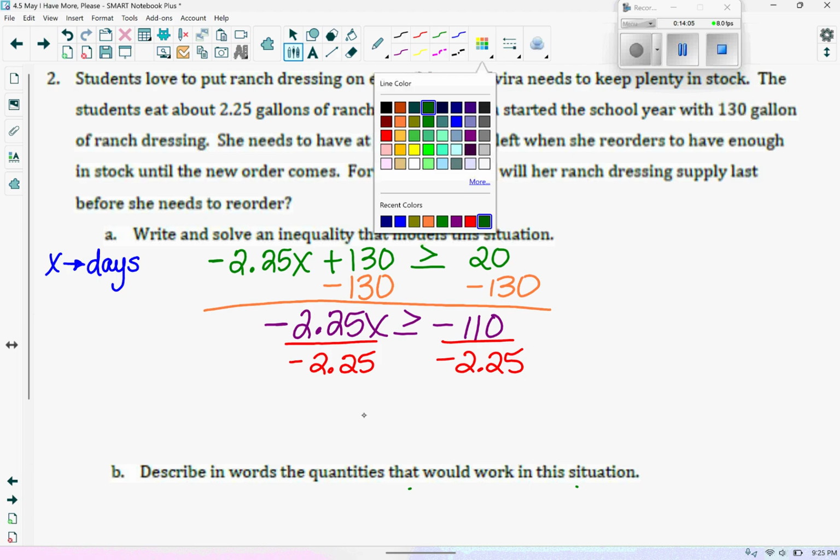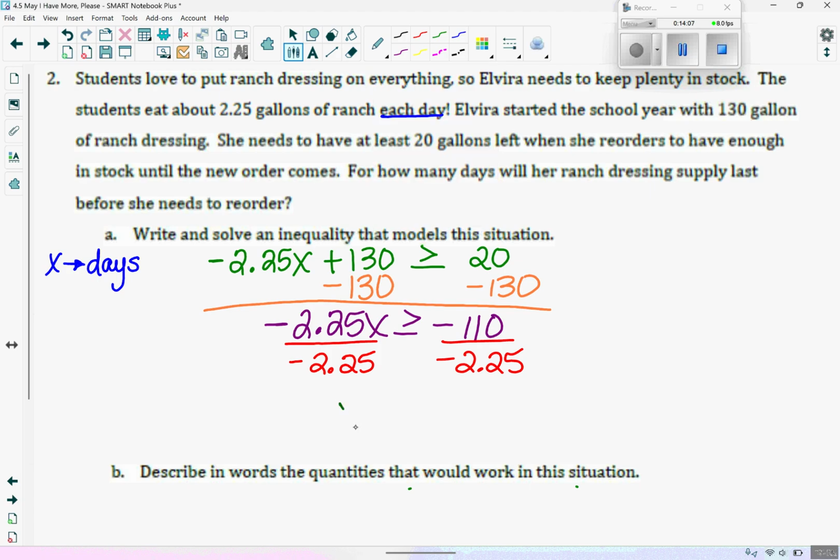And so again, I'm going to get x is less than or equal to 48 point, I'm going to round it to 9 because it's 48.8 repeating. Okay, and it says for how many days will her ranch dressing supply last before she needs to reorder? So this says x has to be less than or equal to 48.9.